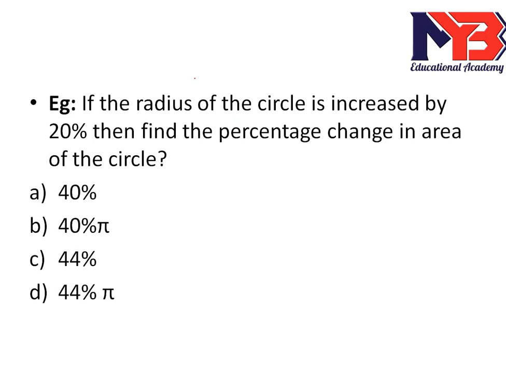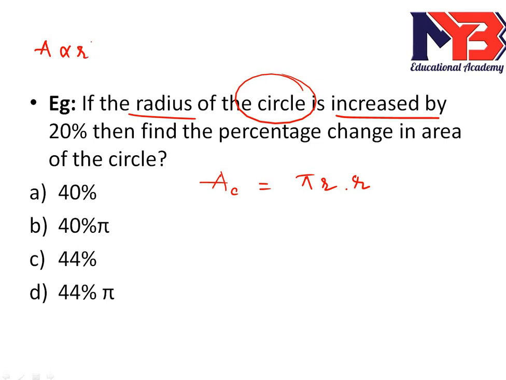If the radius of a circle is increased by 20%, what is the percentage change in the area of the circle? It is very clear that the area of the circle is given as pi r square, that means pi into r into r. So the area of the circle is directly proportional to radius square.